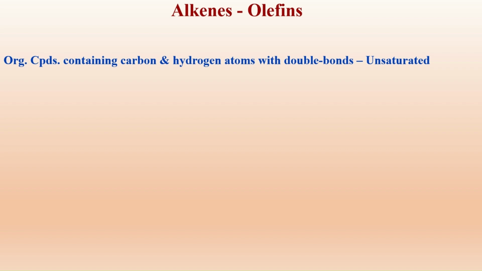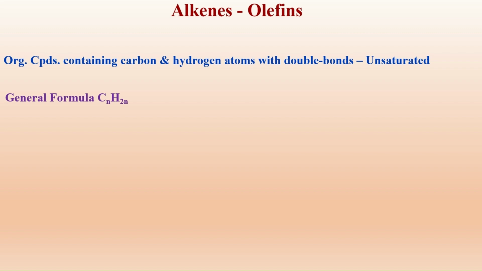They are unsaturated because they do not have just single bonds like alkanes, they also have double bonds. These are organic compounds which contain carbon and hydrogen atoms, linked through double bonds along with single bonds. Because of this unsaturation, their properties differ.